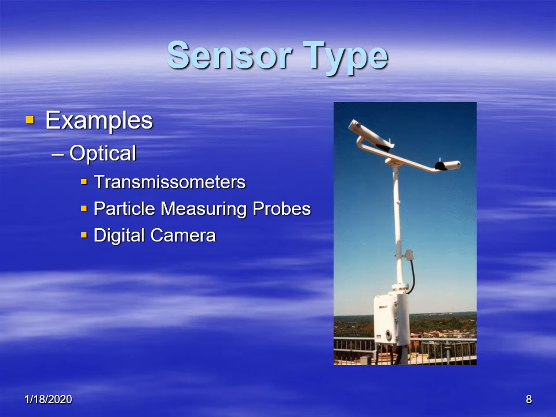Examples are the clarity of the air, how many particles are in the atmosphere. If you send a light beam between a transmitter and a receiver, some of that energy is dissipated by the aerosols in the atmosphere. As a result, the light does not make it to the receiver, and from that you can infer the clarity of the air.